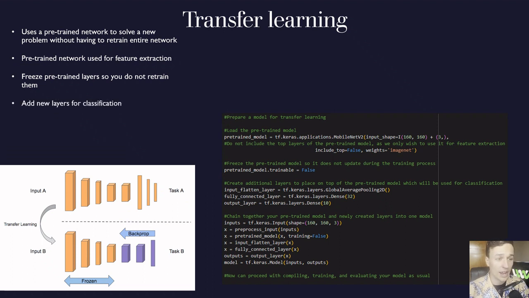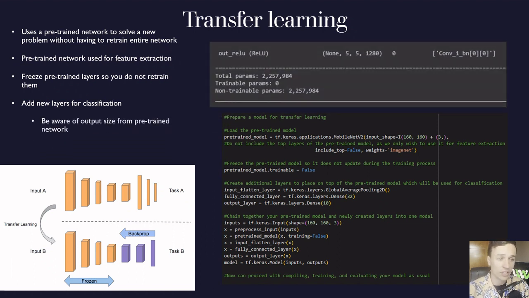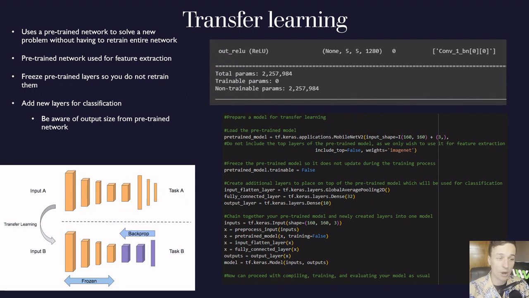From here, we can now start to add our additional layers by chaining them together, starting with our inputs and ending with our output. However, we must be aware of the output size from our previously trained model. Note that the output from our pre-trained model is a 5x5 by 1280 feature block, seen here in the model summary.